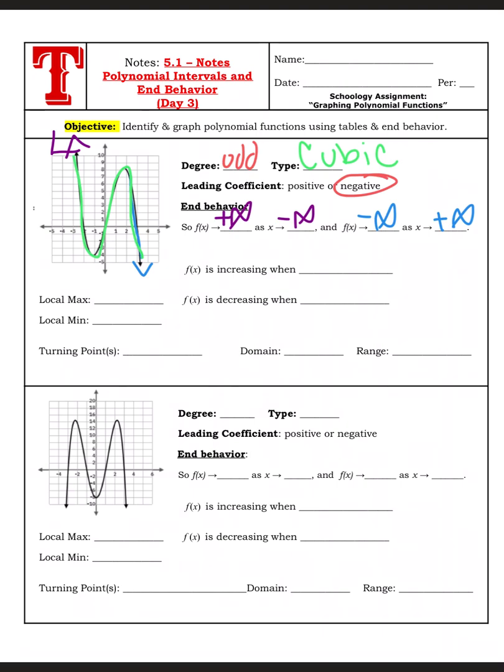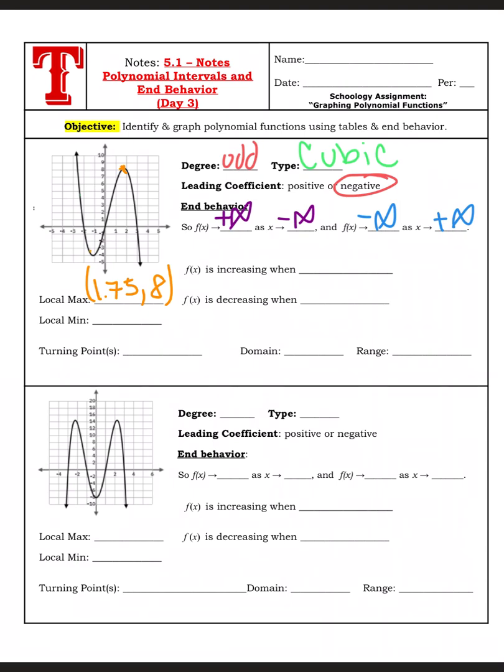Let's talk about our local max and our local min. So I'm going to have to erase some stuff so we can see this a little bit more clearly. Here we go. All right, so our local max, our high point, is up here. And we're going to go ahead and say that's 1.75, comma 8. Because it's not quite 2, but it's almost there.